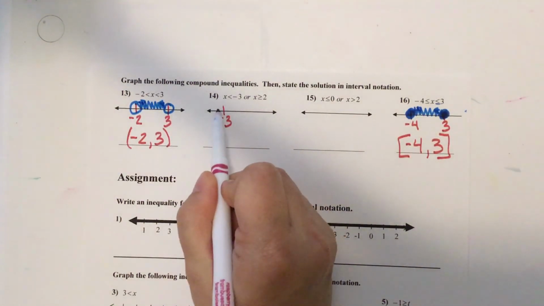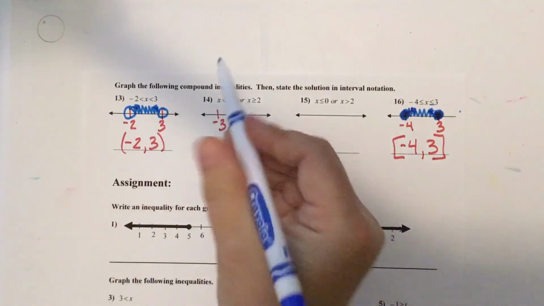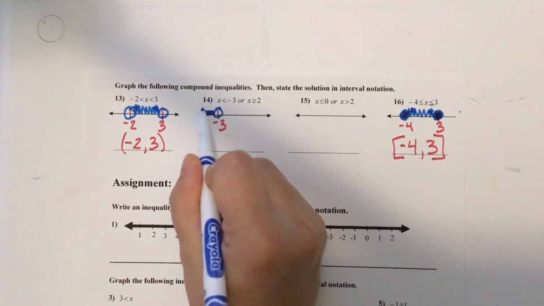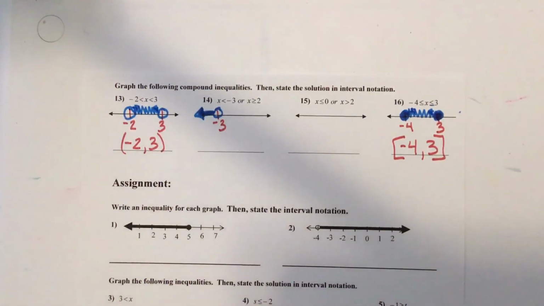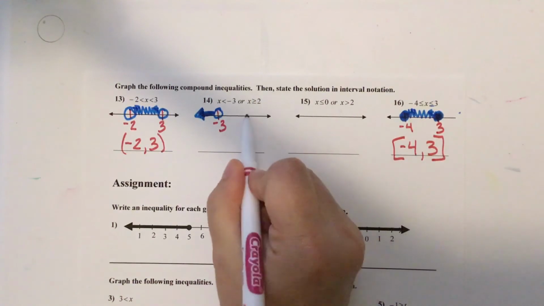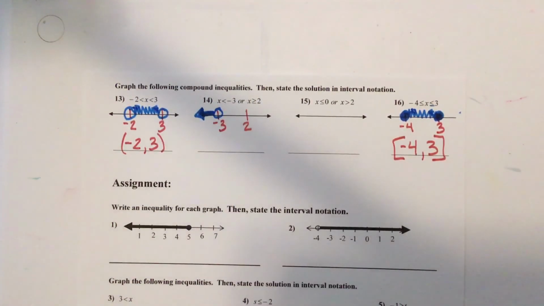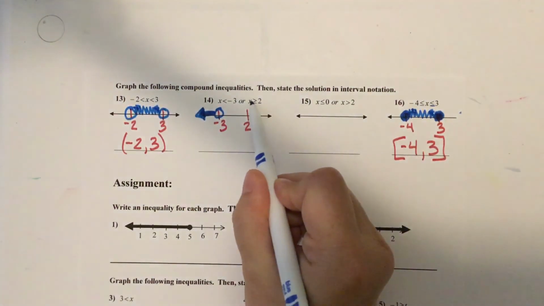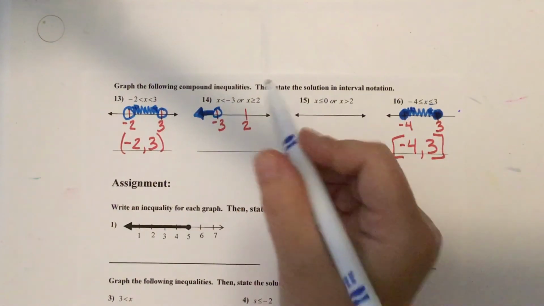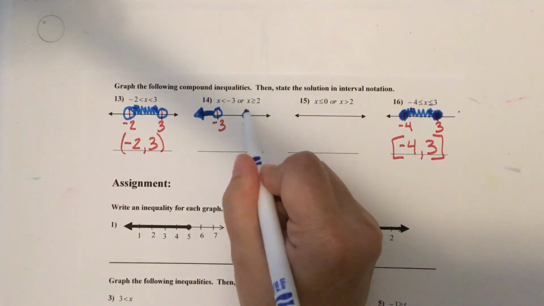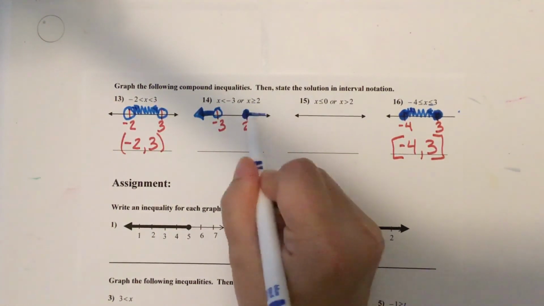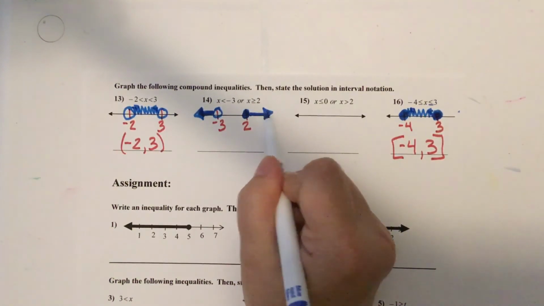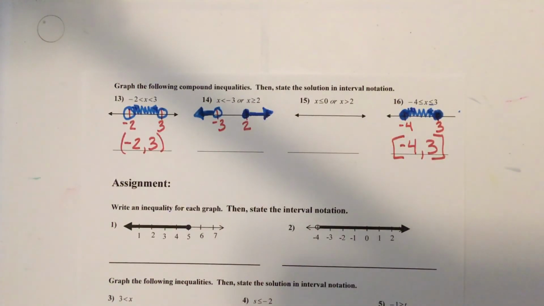So less is to the left, and it's an open circle. 2 is my bigger number, so it goes farther on the right, and this says x is greater than or equal to 2. So this would be a closed circle, and greater is to the right. And this is typically how the OR problems look, but there are exceptions. So I might show you that in another day or so.